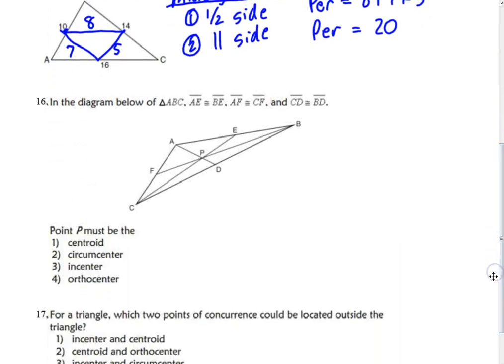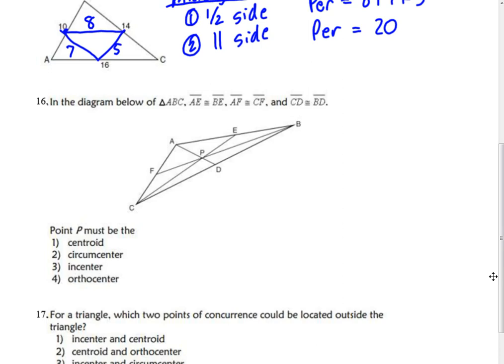Okay, all right. In the diagram below of triangle ABC, we got AE congruent to BE, AF congruent to CF, and CD congruent to BE.